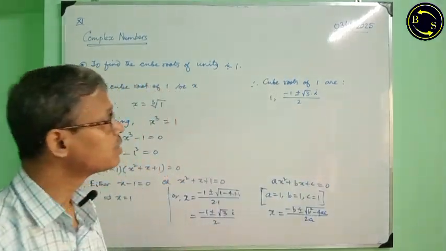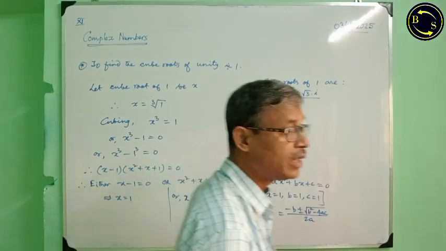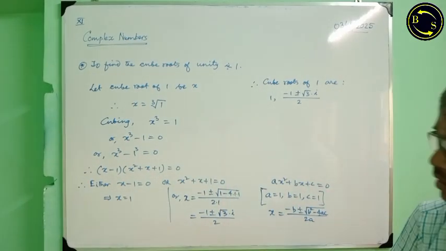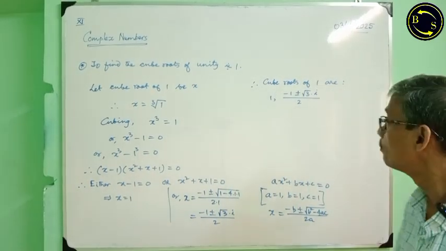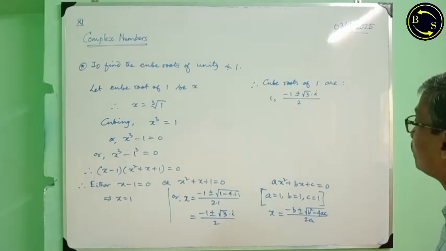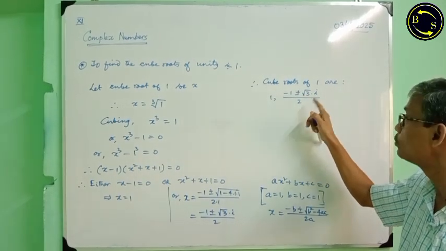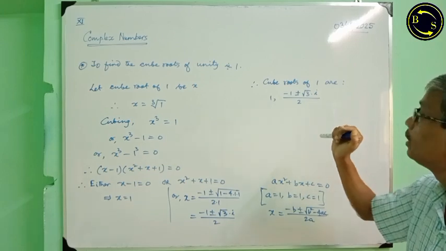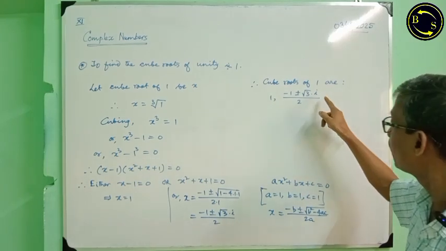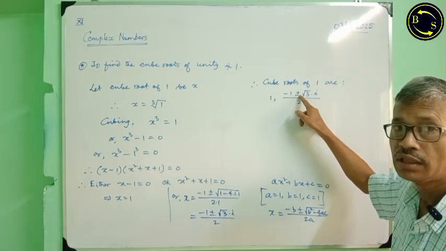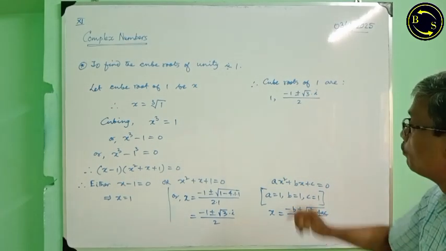I suggest students be careful while you are writing root 3 into i. Generally, in some cases I find students write root over 3i, not that, root 3 into i. If you feel confusion, you can write i before root 3. That means i root 3 by 2.